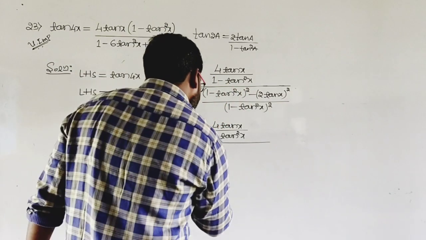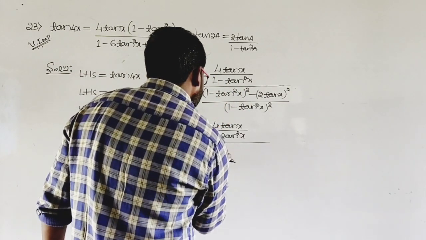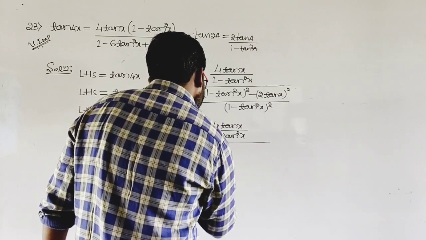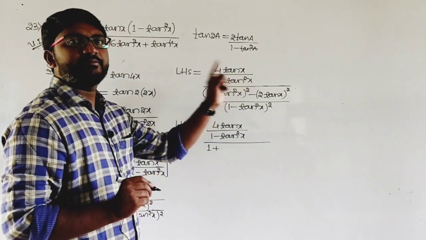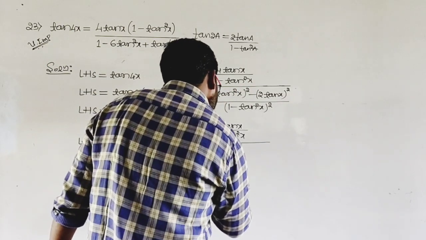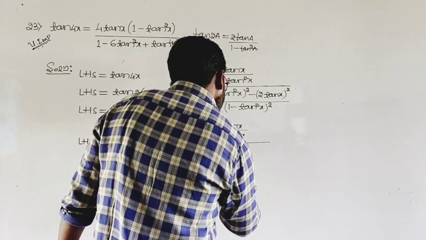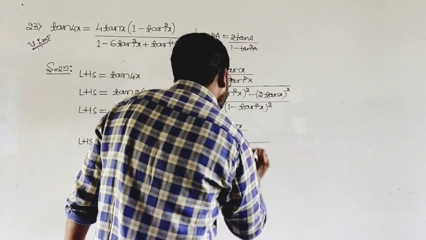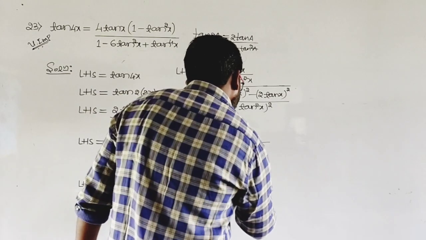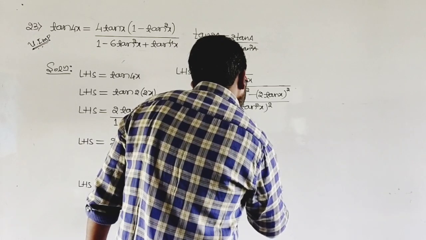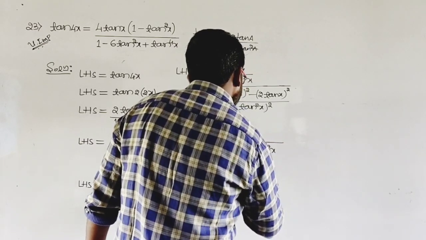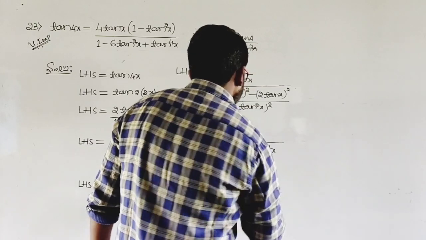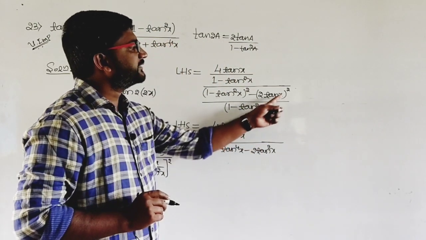So a square, that is 1 square, will be 1, then plus b square, tan square x the whole square will be tan raised to 4x, minus 2ab, that is minus 2 tan square x, then here we have 2 tan x the whole square.